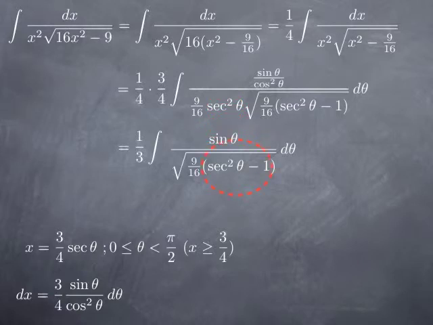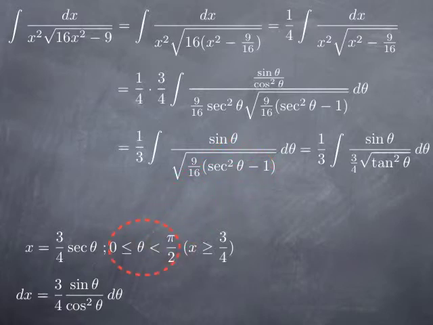And then this secant squared theta minus 1 is really just tangent squared. That's why we're using this trig substitution, because of this identity. And so we obtain 1/3 integral of sine theta divided by 3/4 times root of tangent squared theta.